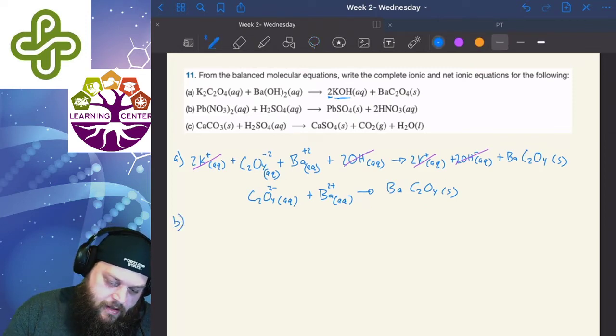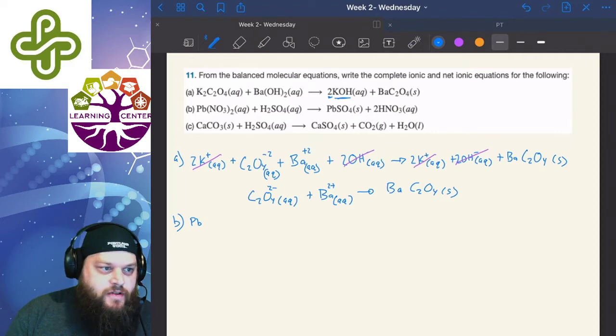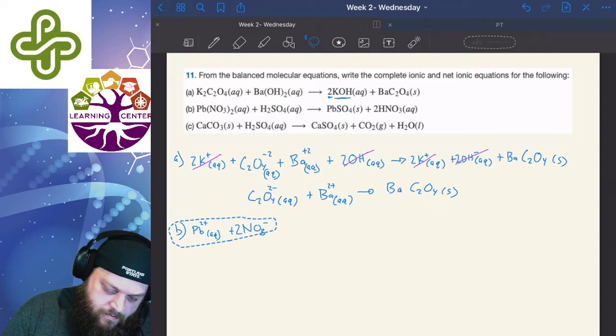For part B, we have lead, Pb, and that NO3 is a -1 charge. So the Pb needs to be a 2 plus aqueous, because there's 2 of those nitrate groups, plus NO3 minus, but there's 2 of those.